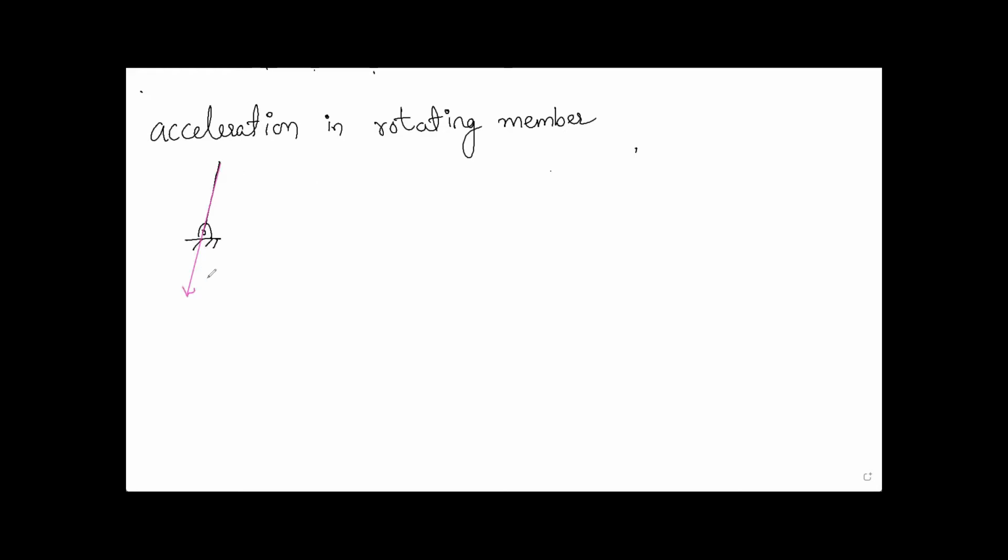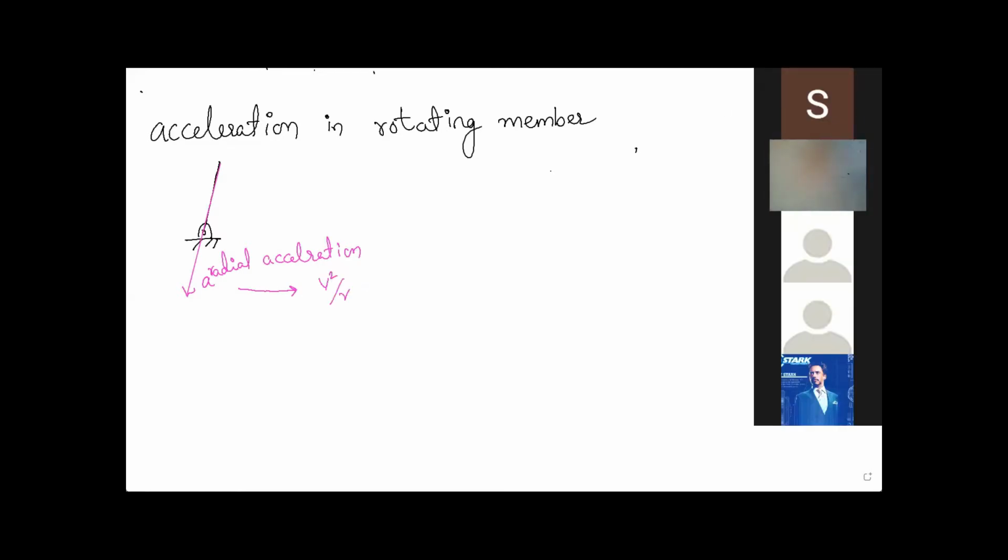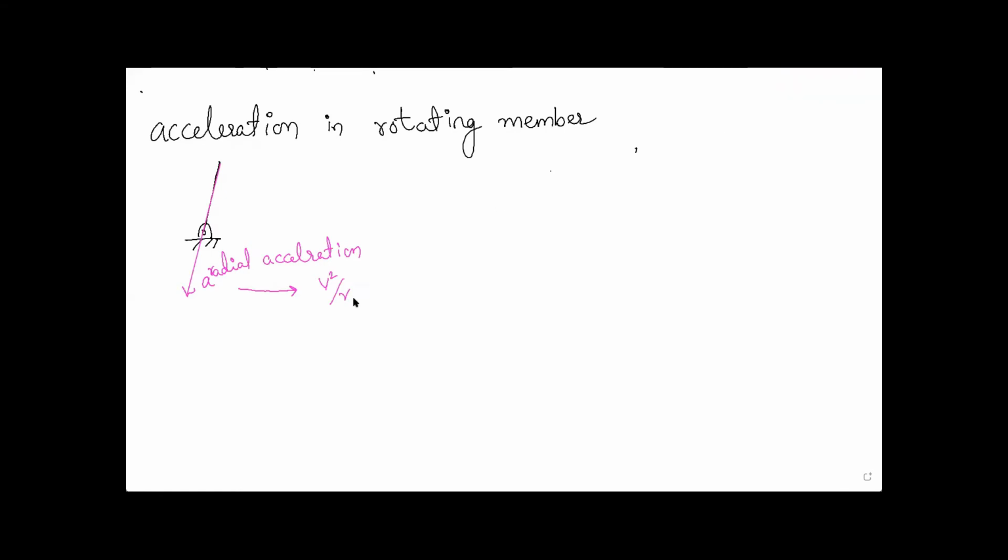This acceleration is called radial acceleration, and it has the formula v square by r. So v square by r is the acceleration.